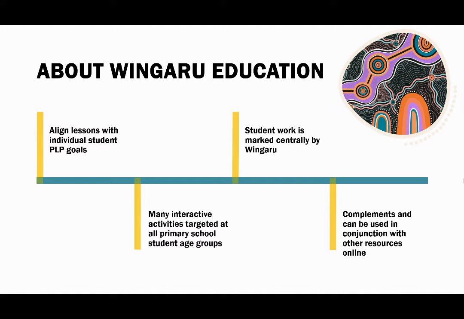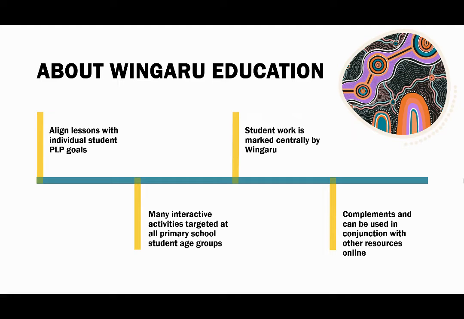So you can align the lessons with individual student PLP goals, and we know that they're aimed at driving student learning. There are many digital interactive resources on there. It's also important to note that student work can be marked centrally through Wingaru, which takes the pressure off the teachers.